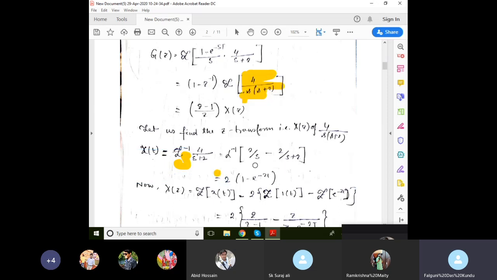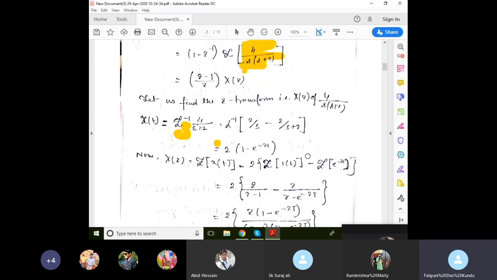After doing the partial fraction, we get 4 by s(s plus 2) is equal to 2 by s minus 2 by s plus 2. So from here x(t) is 2 into 1 minus e to the power minus 2t.